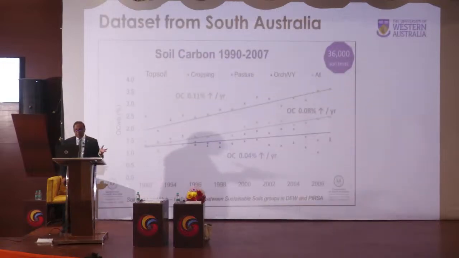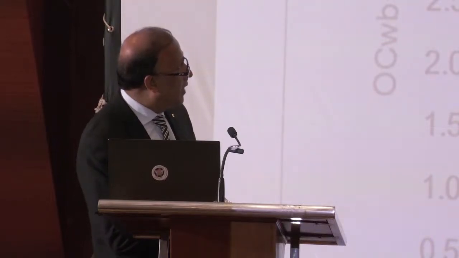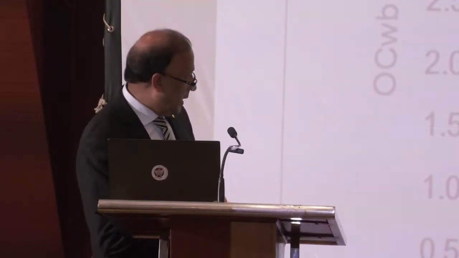Now this is a case study from Australia. We have three things here: one is crops, pastures, and the other one is orchards, either fruit tree orchards or vineyards. You can see that the organic carbon increased from 1990 to 2000, and in the long-term experiment it is about 0.11 per year.